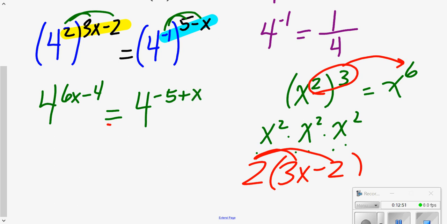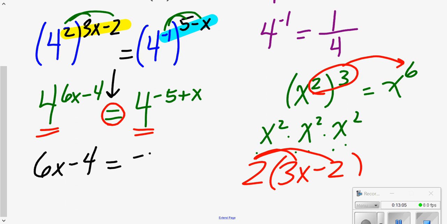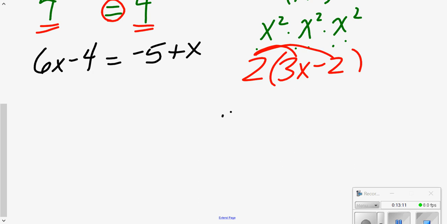Okay, now I have an equal sign equation with equal bases, and in order to have this equal be a true statement, actually equal, that means that the exponents have to be equal. Okay, this is a nice little linear equation, like little algebra 1 problem. We can do this.